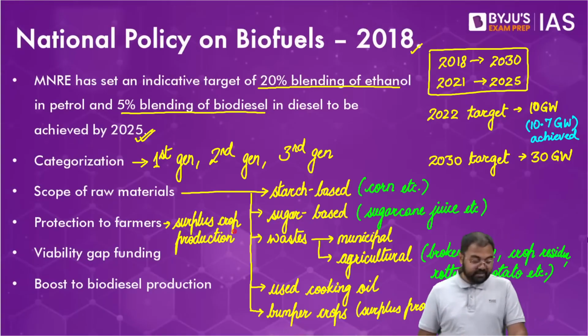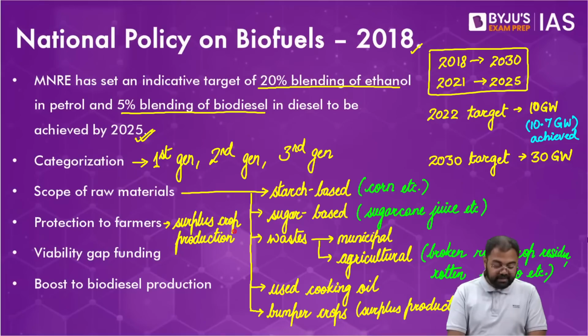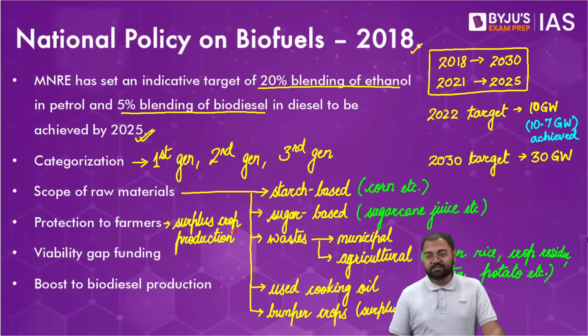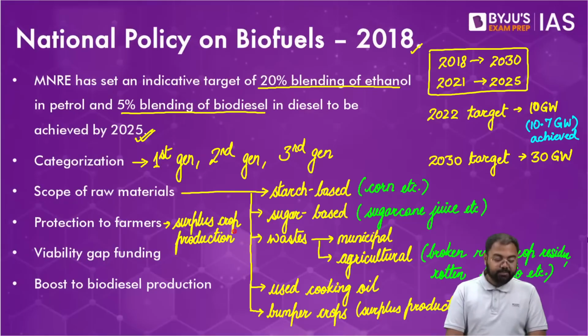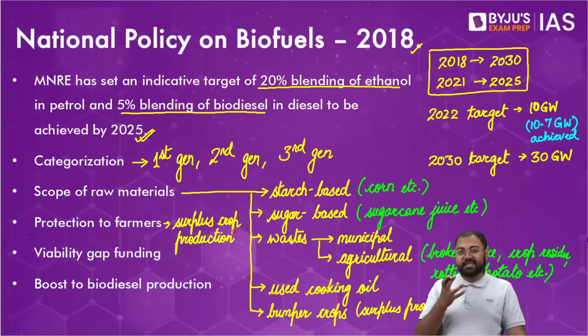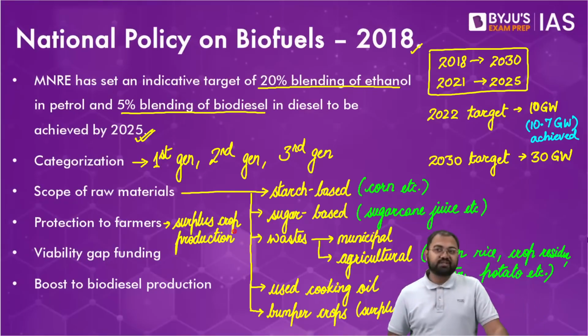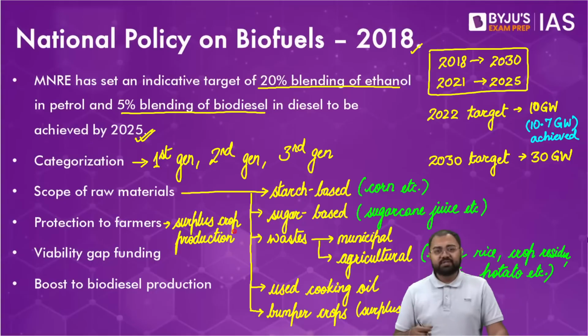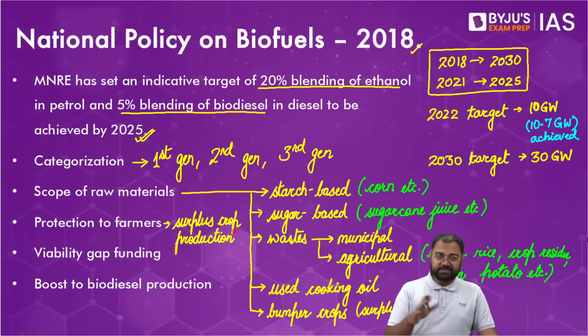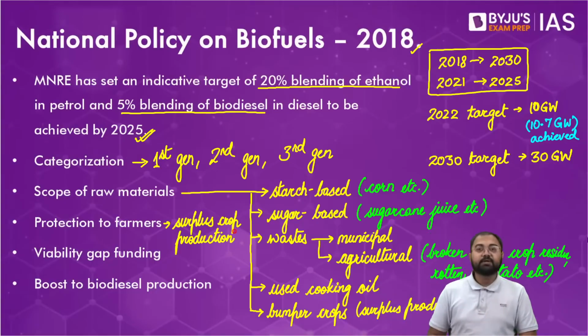Then after that, there is something called viability gap funding. This is a scheme of the government where, let's say any scheme or any policy of the government needs extra investment in any form, whether through tax rebates, extra budget, or subsidies, whatever be the manner.